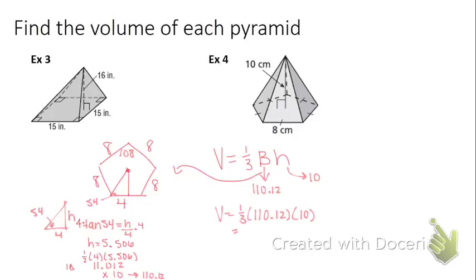So our final answer is, Hannah, 550.6 centimeters cubed. Okay. Let's go back to prisms real quick.